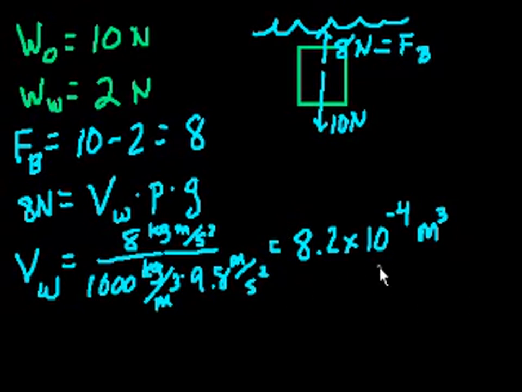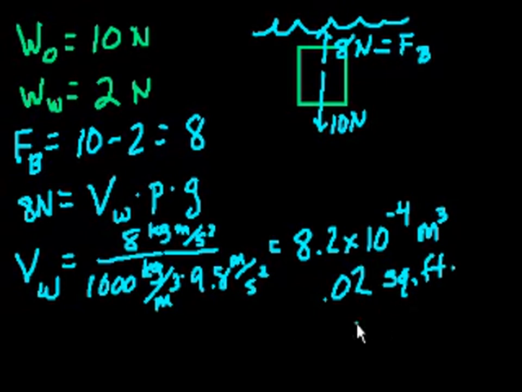And this might seem like a very small volume, but just keep in mind, in a meter cubed, you have, let's see, 27 cubic feet, right? You have 27 cubic feet. So if we multiply that number times 27, it equals 0.02 cubic feet, roughly.